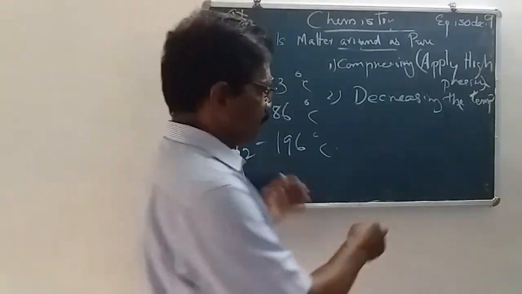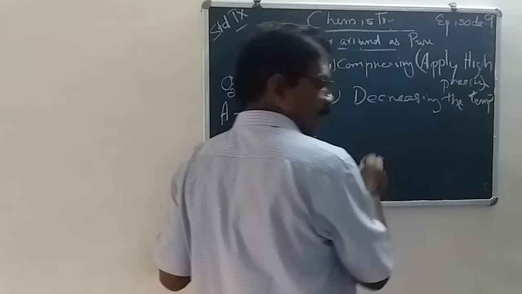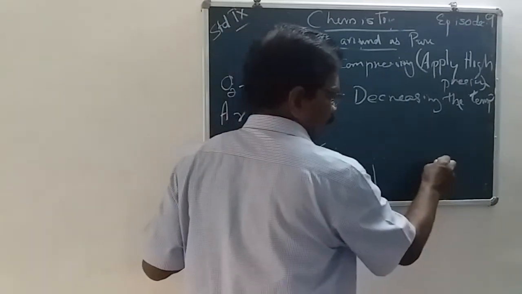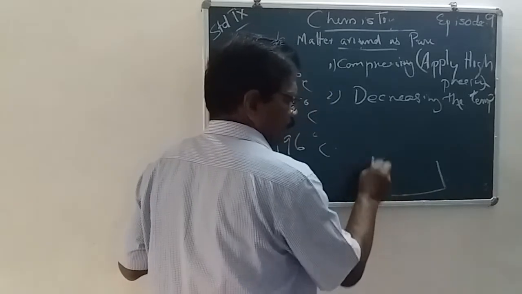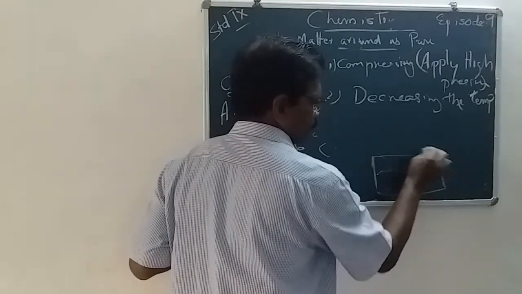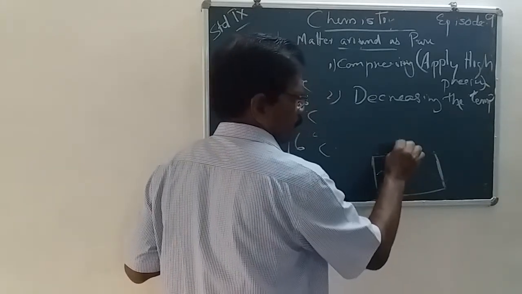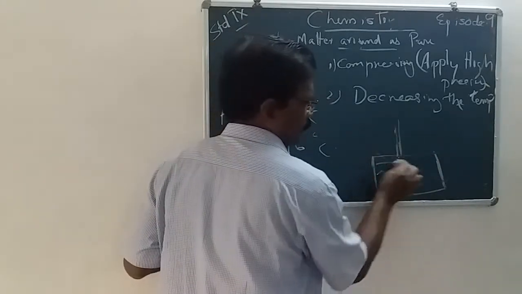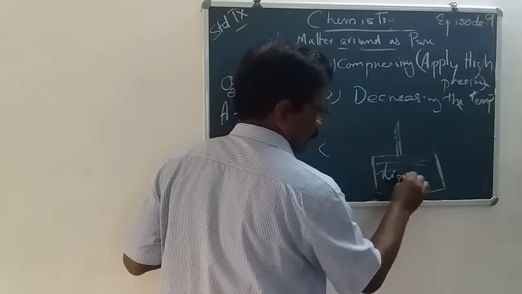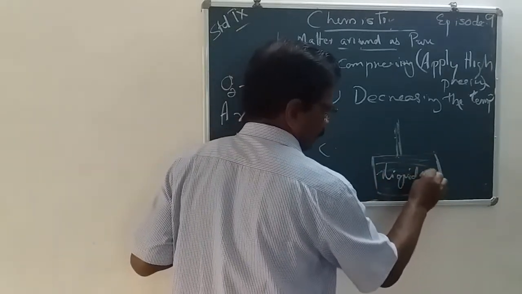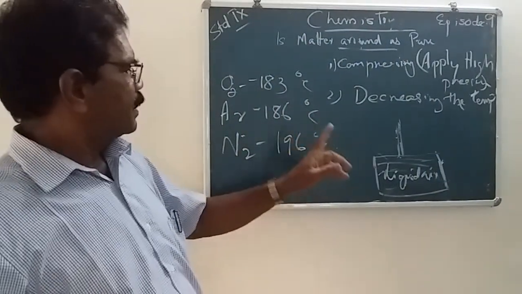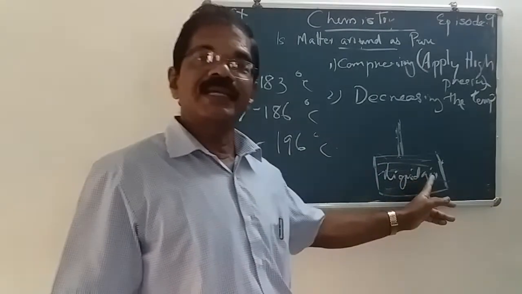Then from the liquid state, the picture is given in your textbook. For your understanding, you must have a clear idea. The air is collected in the liquid state. Liquid air. Then the temperature is slowly increased.